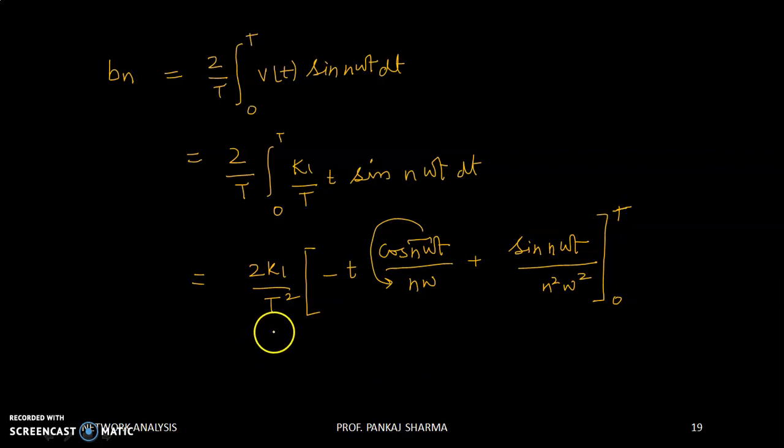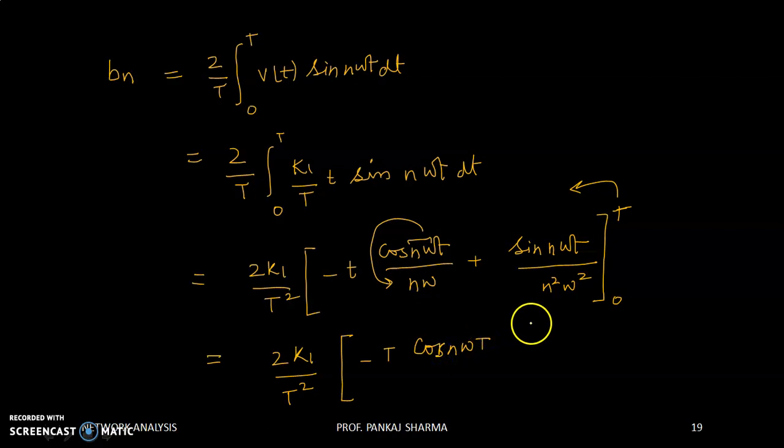Put the limit inside this whole thing, we will get 2 k1 upon T square, minus capital T cos of n omega T upon n omega plus sin of n omega T upon n square omega square.